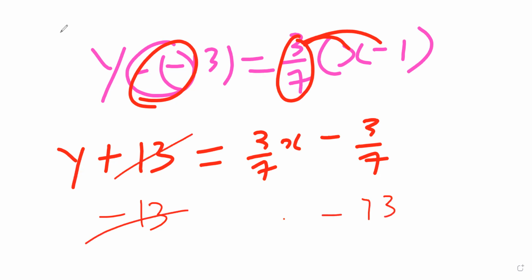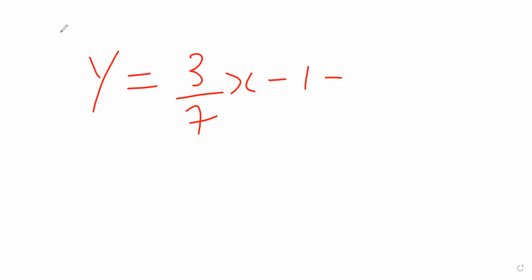That cancels that, that cancels that. So what we have now, I'm just going to erase this because we need some more space. What we have right now is y by itself, because the 13s were canceled. Then we have 3 over 7 x minus 1... minus, oh no, let's go back to this.